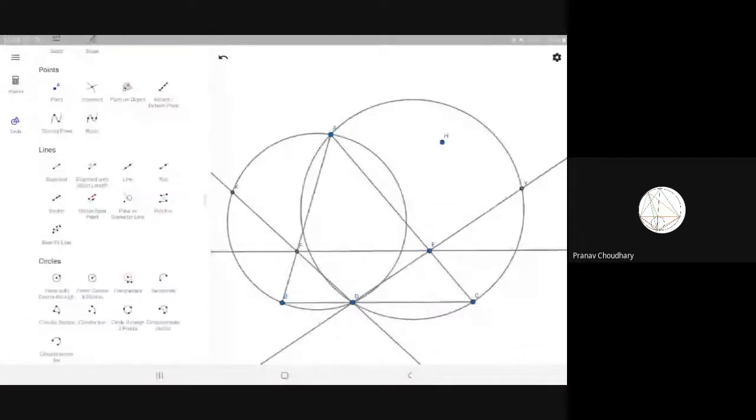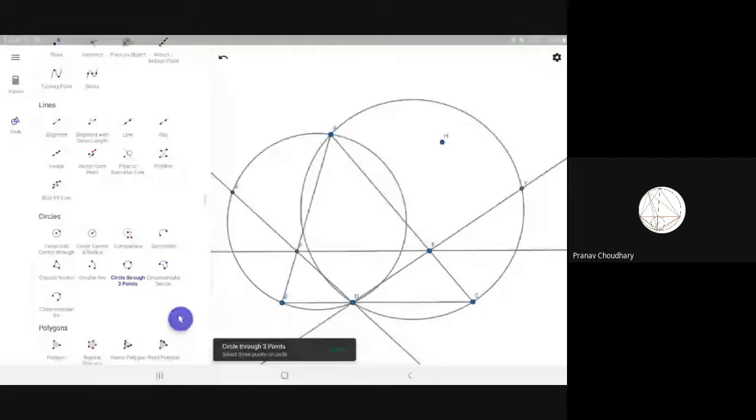So the problem statement reads: ABC is a triangle, right? E is a random point on CA and F is the point on AB such that EF is parallel to BC. D is a random point on BC, right? And what we are doing is you draw the circumcircle of ADC and you intersect DF with it, call that point X. Similarly, you draw the circumcircle of ADB, intersect line DE with it, call it Y. Right.